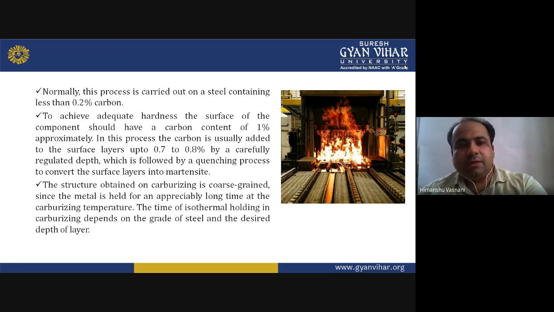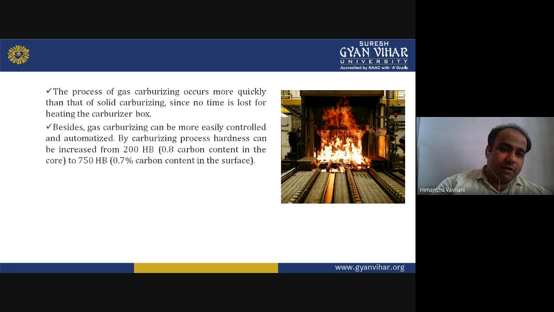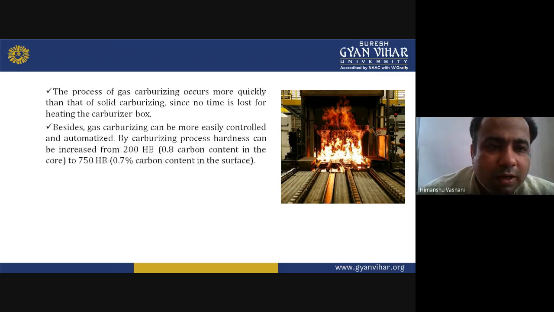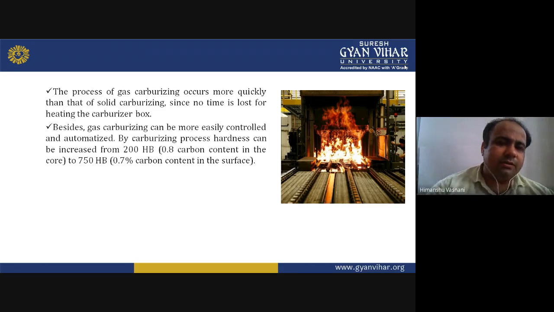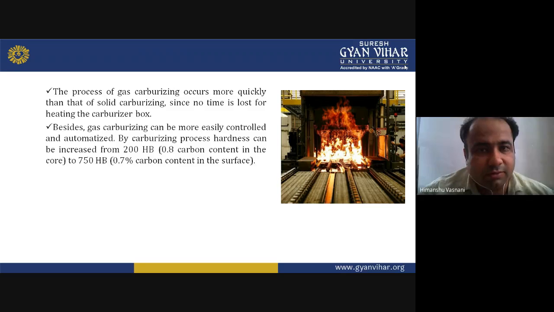The process of gas carburizing occurs more quickly than that of solid carburizing, since no time is lost for heating.